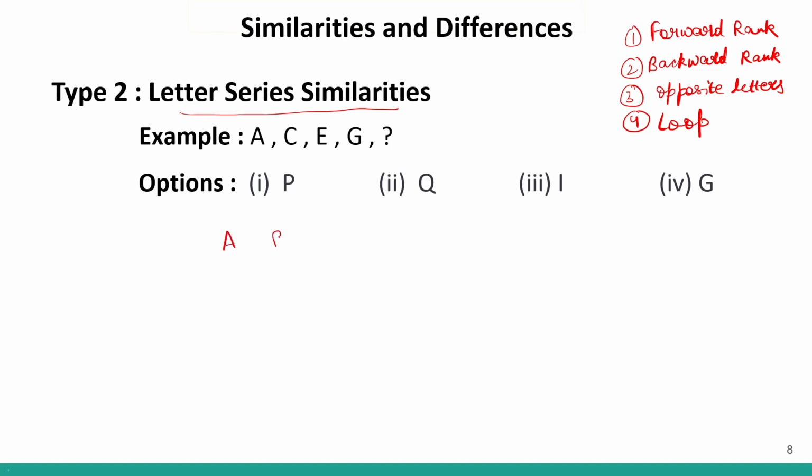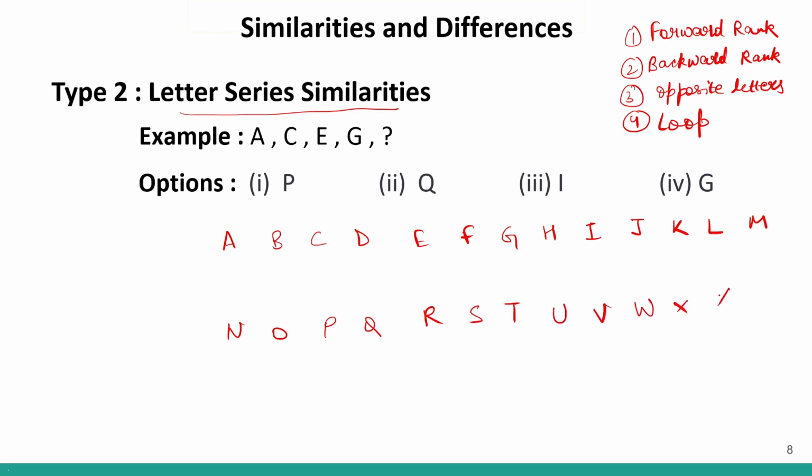So forward rank basically means, if I write my alphabets: A, B, C, D, E, F, G, H, I, J, K, L, M, then N, O, P, Q, R, S, T, U, V, W, X, Y, and Z. Now, if I assign them ranks in a forward way, that means in an ascending order, it is called a forward ranking series.